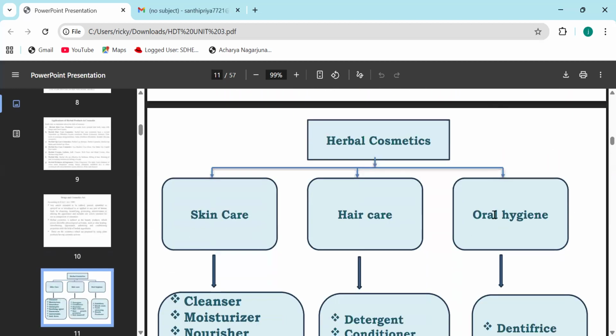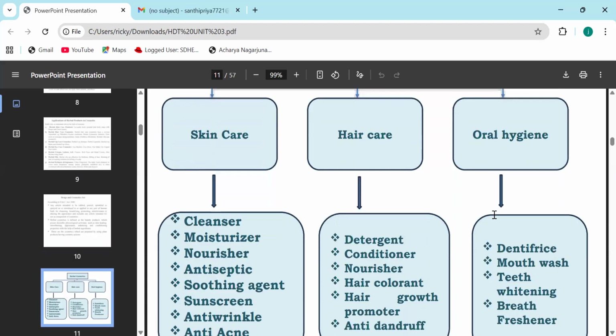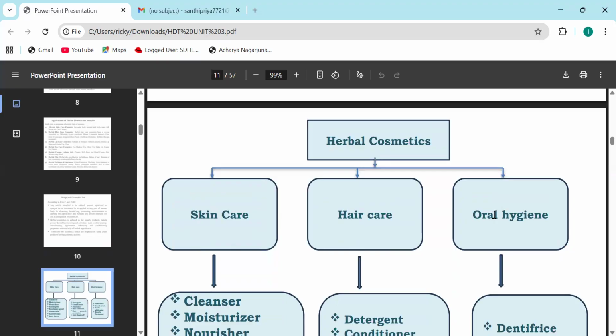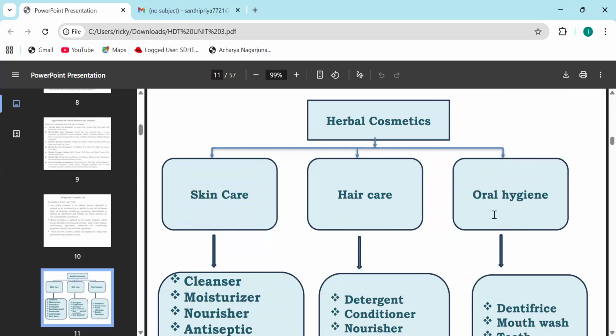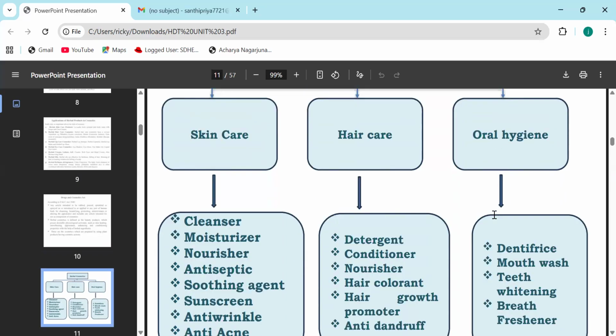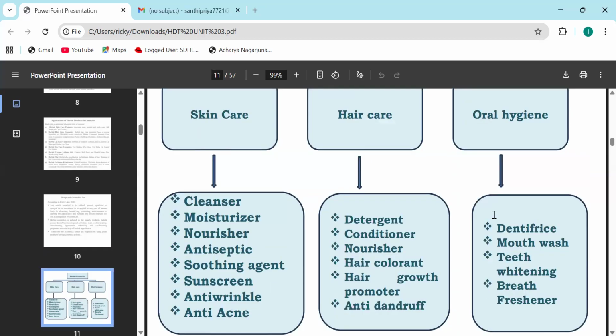Over here we can see the tree diagram of herbal cosmetics. It is mainly classified into three types: first skincare, second hair care, and third oral hygiene. Skincare is again classified into cleanser, moisturizer, nourisher, antiseptic, soothing agent, sunscreen, anti-wrinkle, and anti-acne.